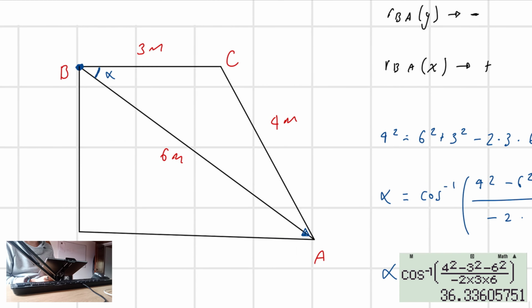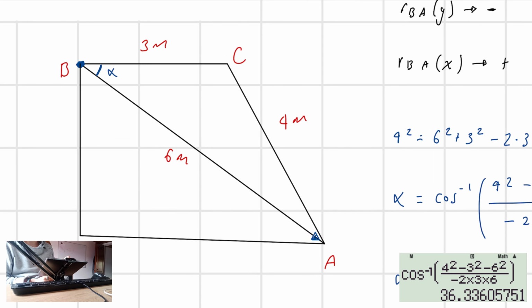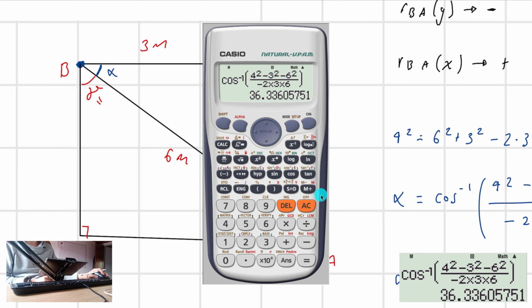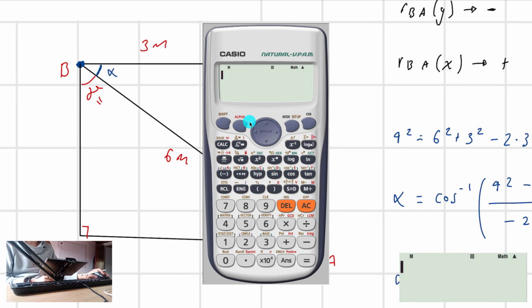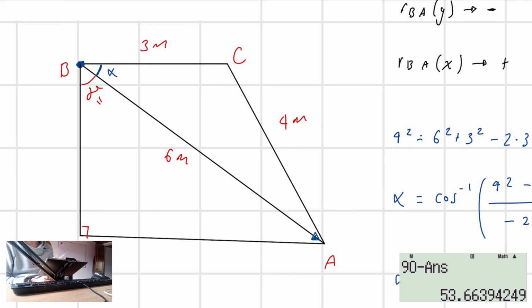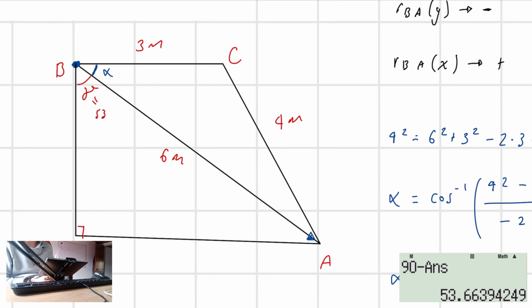Alright, now we have right here a 90 degrees angle, and right here we have gamma, for example, which is equal to 90 minus the angle that we just calculated. So 90 minus the angle is going to be equal to 53.66.